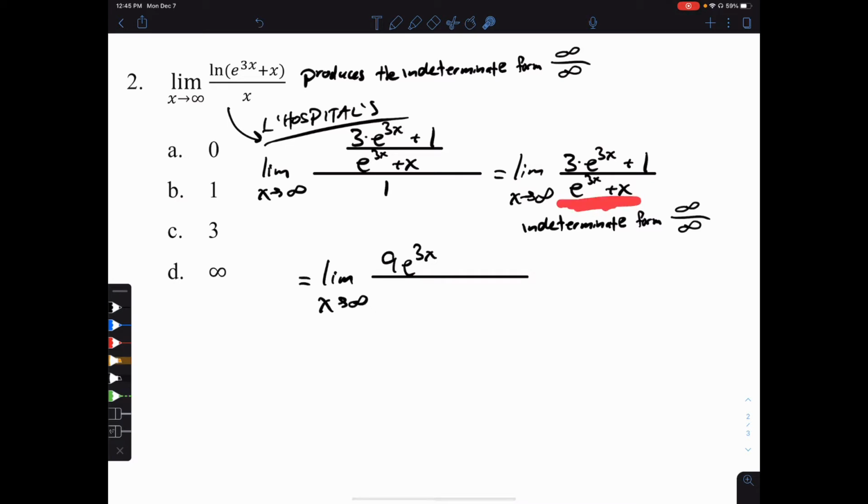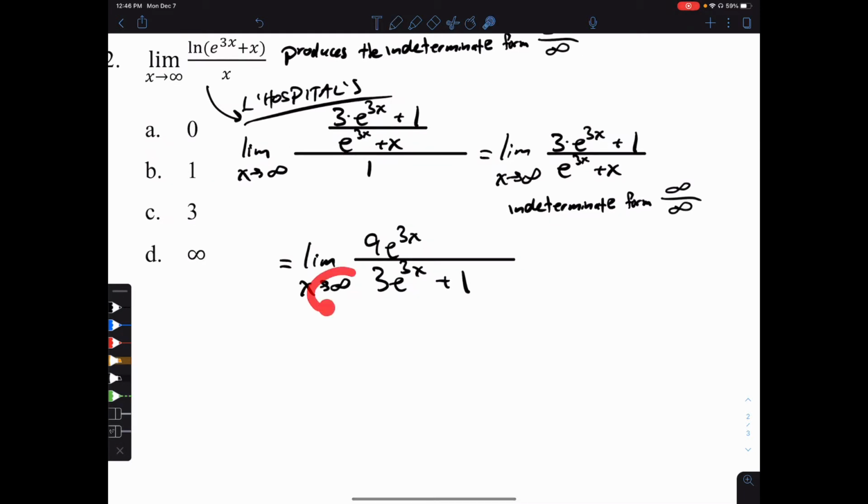Derivative here on the bottom, e to the 3x derivative is going to be 3e to the 3x, and then derivative of x is going to be 1. If we put infinity in here to the top, it's going to go to infinity. Put infinity here on the bottom, this is also going to go to infinity. This is the indeterminate form, infinity over infinity.